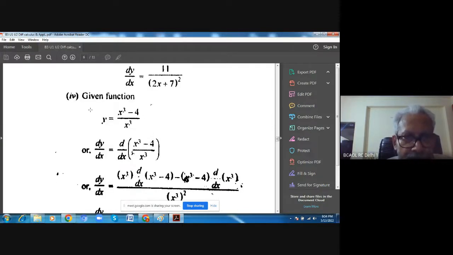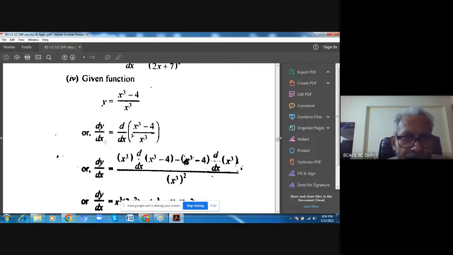Another given function is y equals x cube minus 4 by x cube. Same thing. dy by dx is equal to, and this is the lower part, small v, and this is v square, and that is u, consider it u.